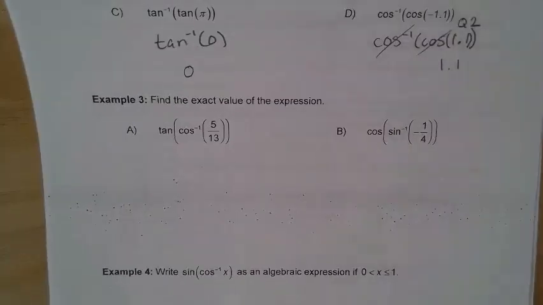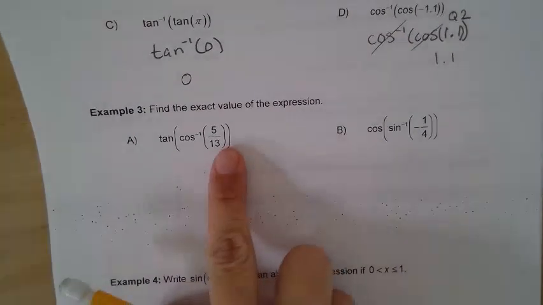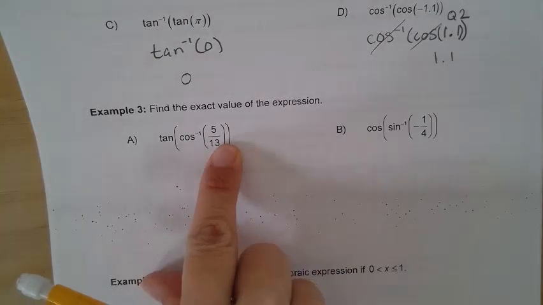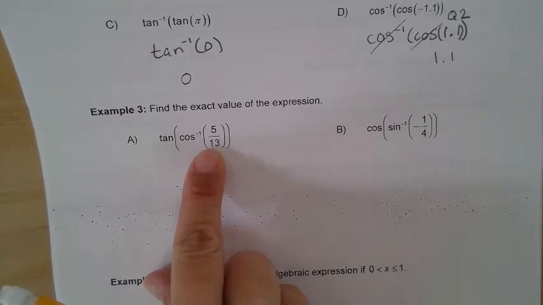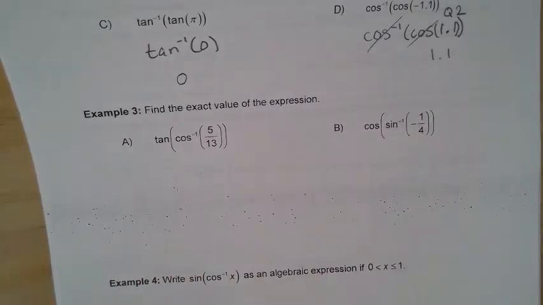In example 3, we are still doing compositions, but as you can see, 5/13 is not in our unit circle. But what we're going to do is draw a right triangle to help us solve.